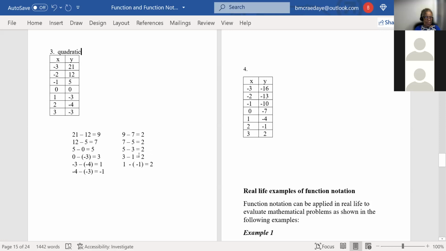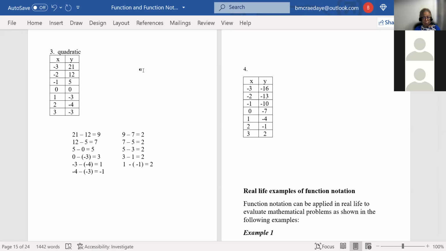In all cases, we got differences of 2. So since those second differences are the same, that means this table applies to a quadratic function. Follow?